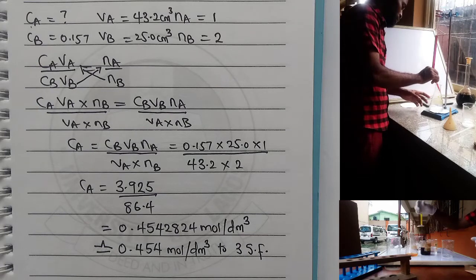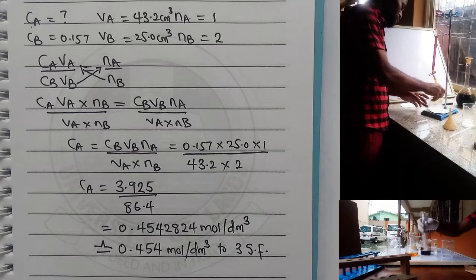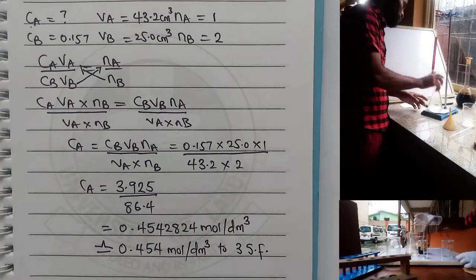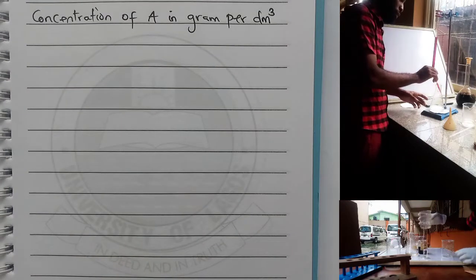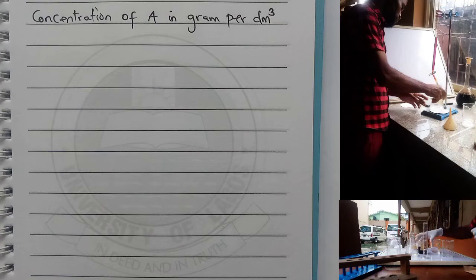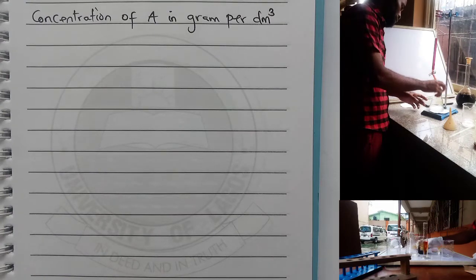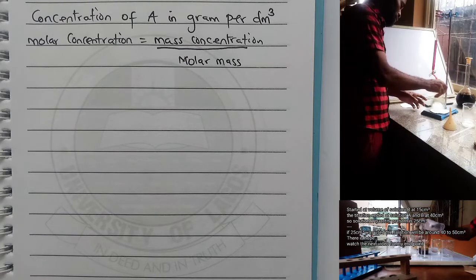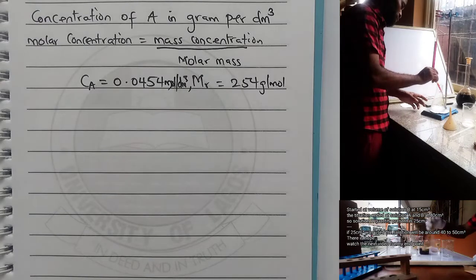Let's go for question number BIII. Now we are trying to find the grams of iodine that we are able to dissolve in that particular solution. Remember that molar concentration has a relationship with mass concentration and molar mass. So we repeat that again. The molar mass of iodine is 254.